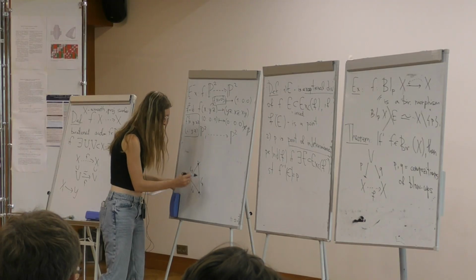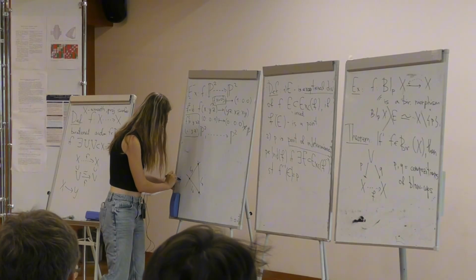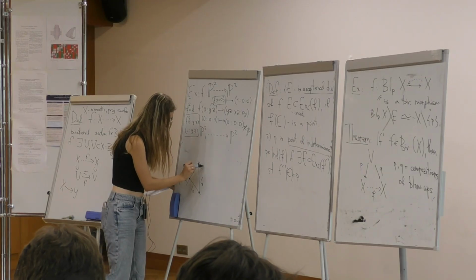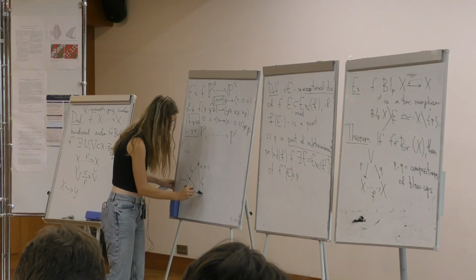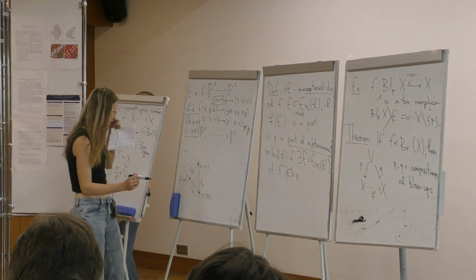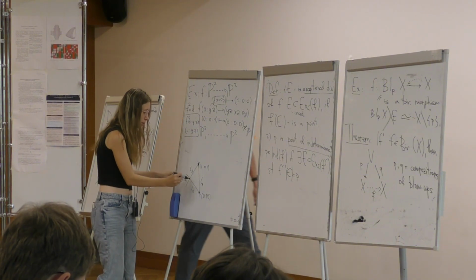So we have these 3 points: (1, 0, 0), (0, 1, 0), (0, 0, 1). And we just blow up these 3 points.